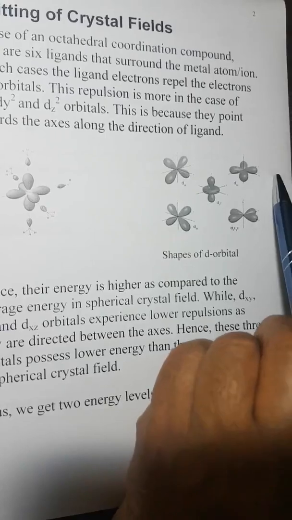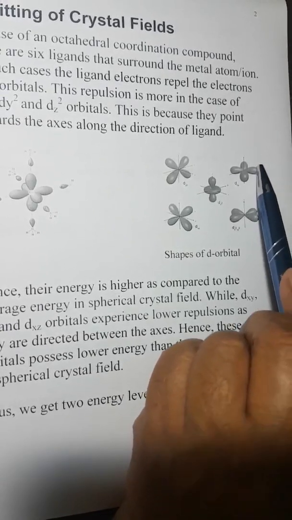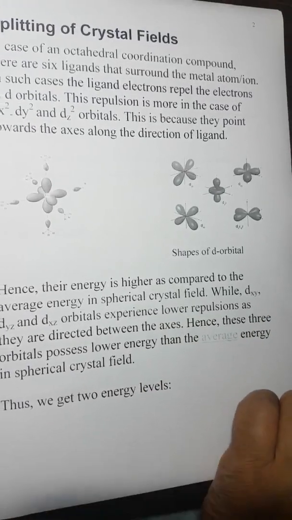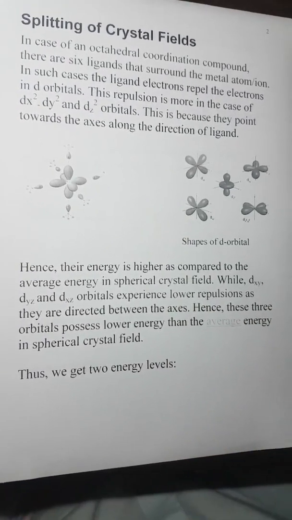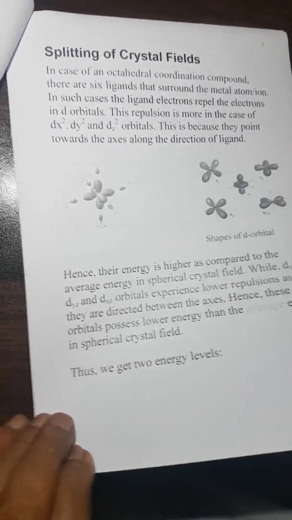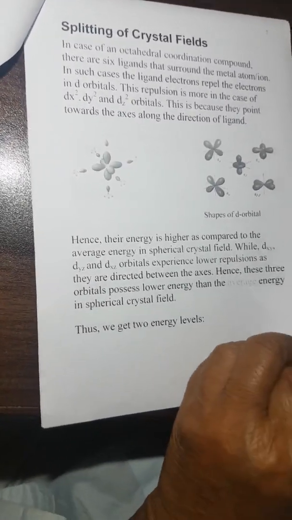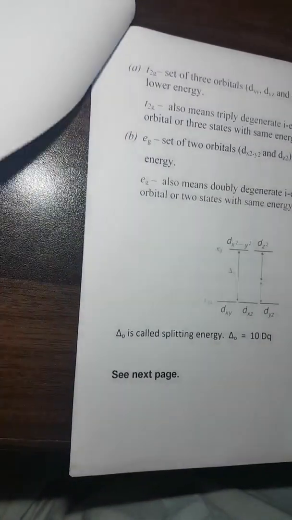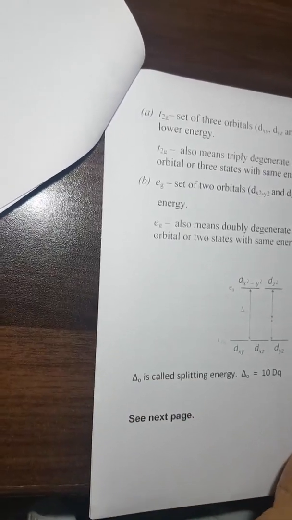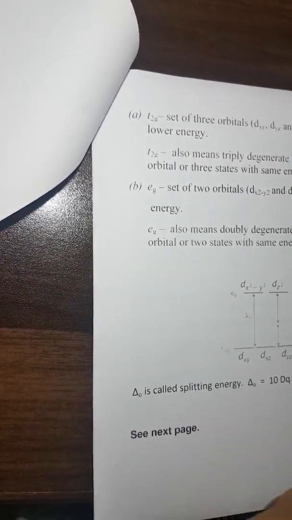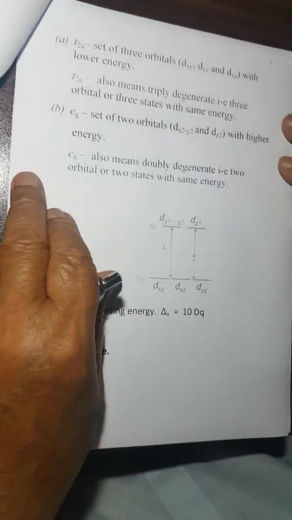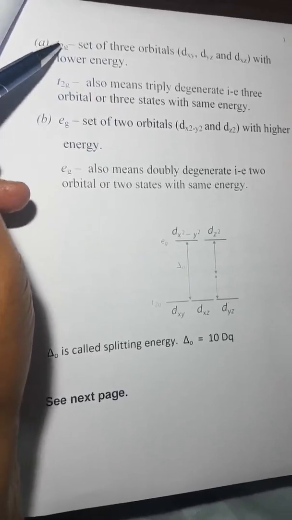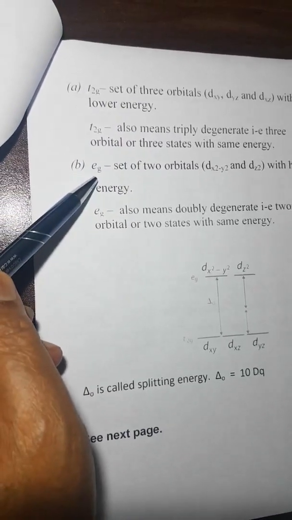And if there is no ligand coming in the direction between x and y, then it will stay down in energy. Therefore, as a result of this interaction of the metal ion with the ligand, and because of the directional character of the d orbitals, these d orbitals split up into two sets, the t2g set and the eg set.